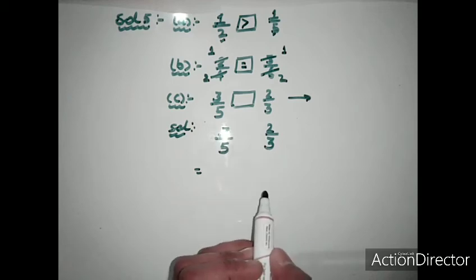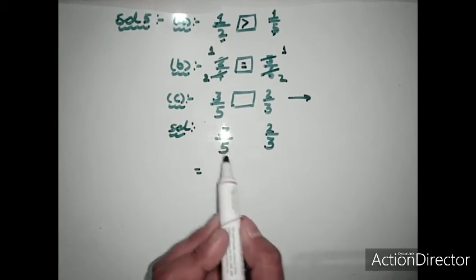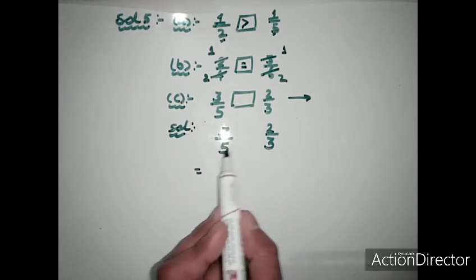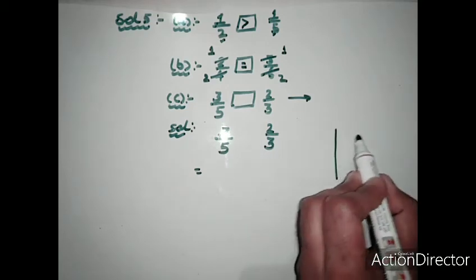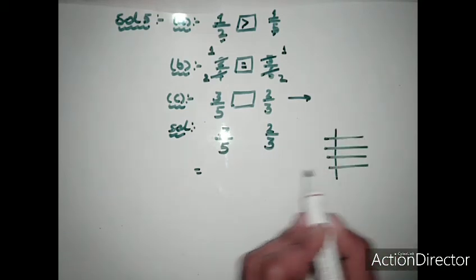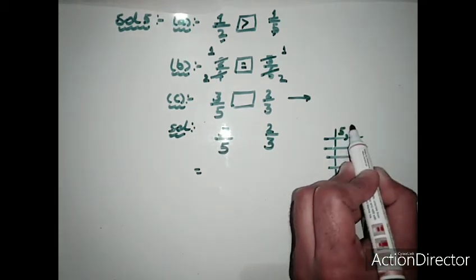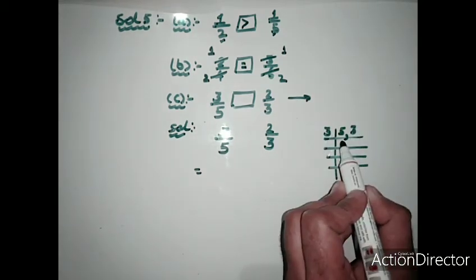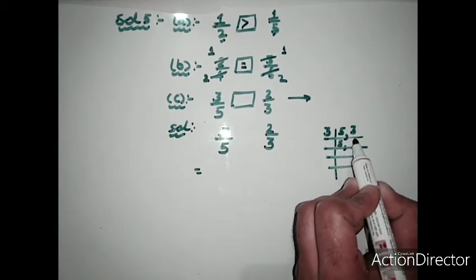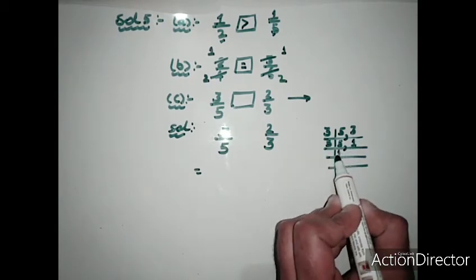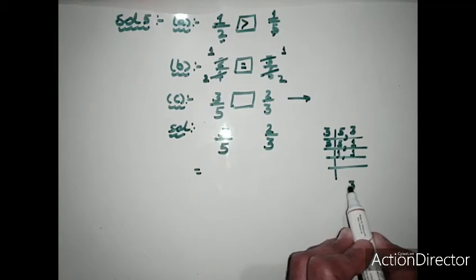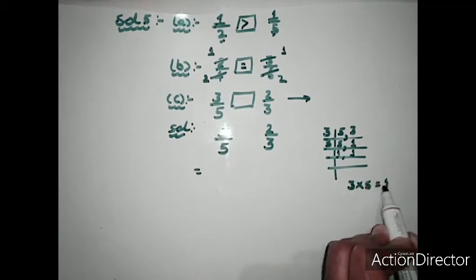In these types of questions, we take the LCM of both numbers, 5 and 3, and after that we make the denominator equal to the LCM. For 5 comma 3, first we divide by 3, then we write 5 as it is, 3 ones are 3, then 5 ones are 5. The LCM of both numbers, 3 fives, is 15.